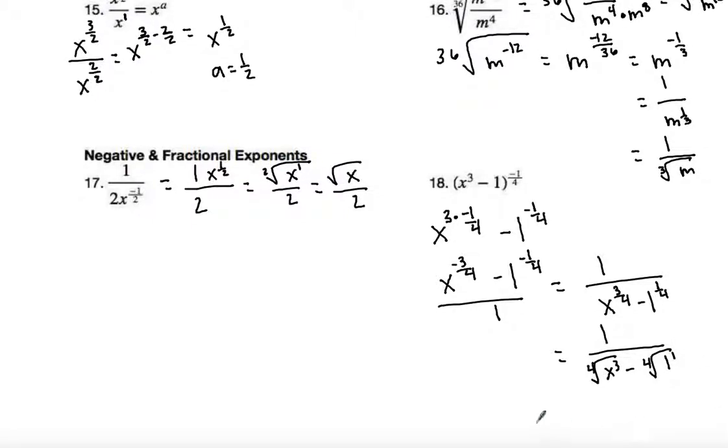However, the first one will stay, but the second one, the 4th root of 1 to the 1st, is just the 4th root of 1, which just means I need a number I can multiply by itself 4 times to give me 1, and that number would be 1.